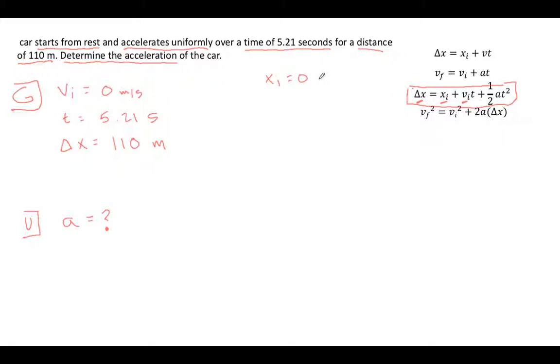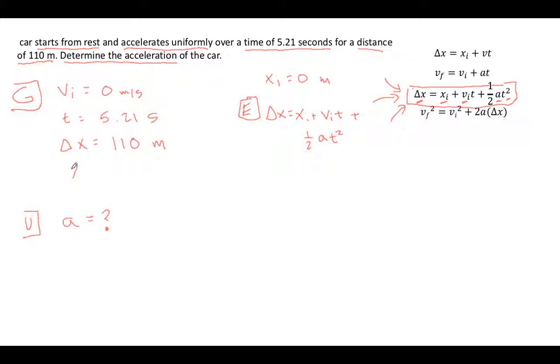And if you need clarification on why xi equals 0, check the last video because I explained that. And a is our unknown, and we have a time. So this is the winner right here. So let's go ahead and start with that equation: delta x equals xi plus vi times t plus 1/2 at squared.